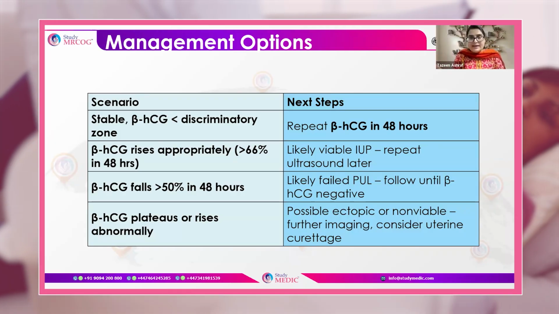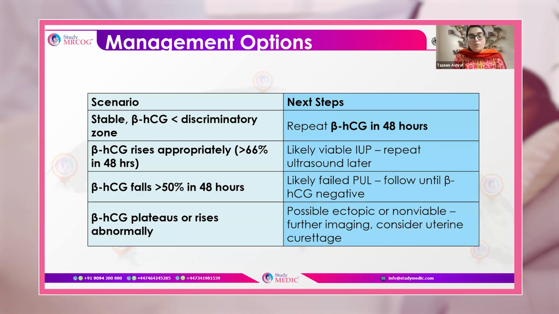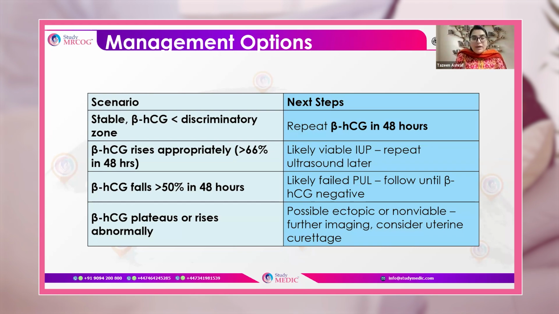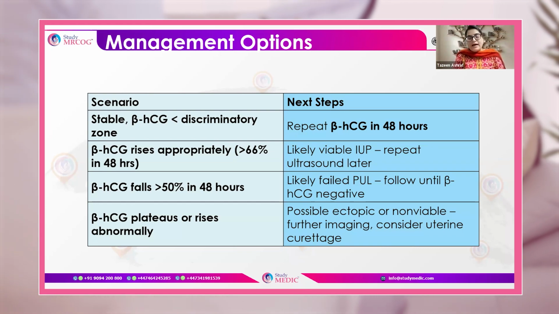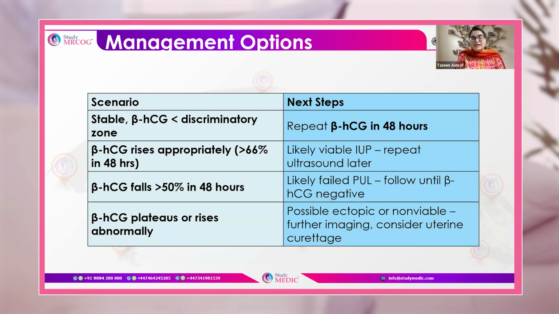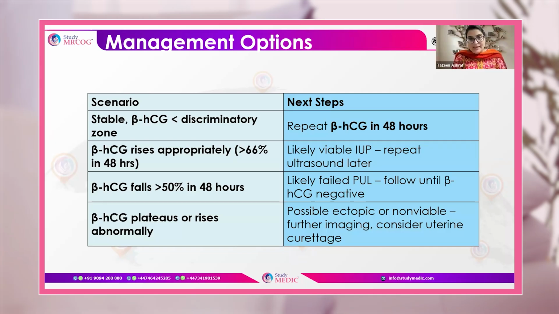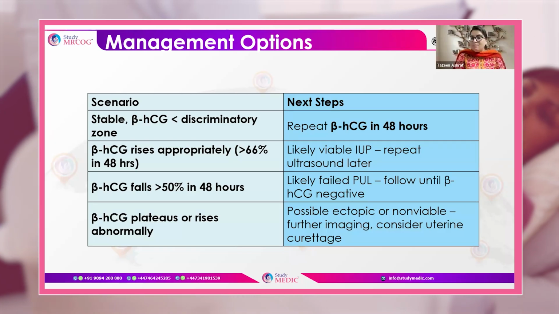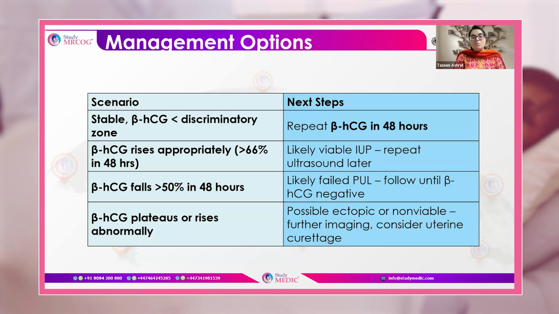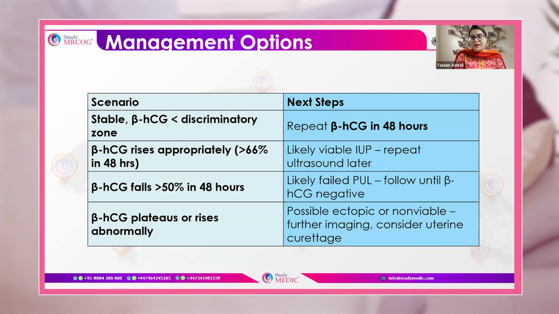The rise is there, but that is not the rise which should be expected in normal pregnancy. That can be ectopic pregnancy, as in ectopic pregnancy and pregnancy of unknown location, the beta HCG rise is suboptimal. And if beta HCG is increasing markedly, that can be normal intrauterine pregnancy.